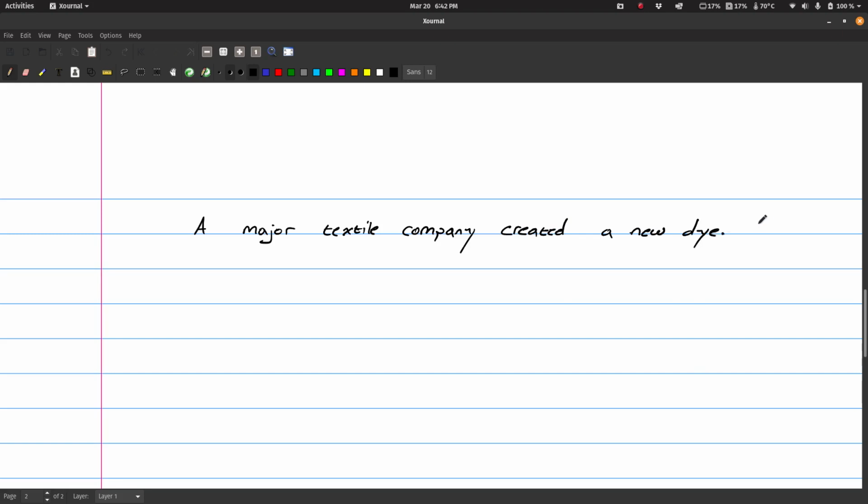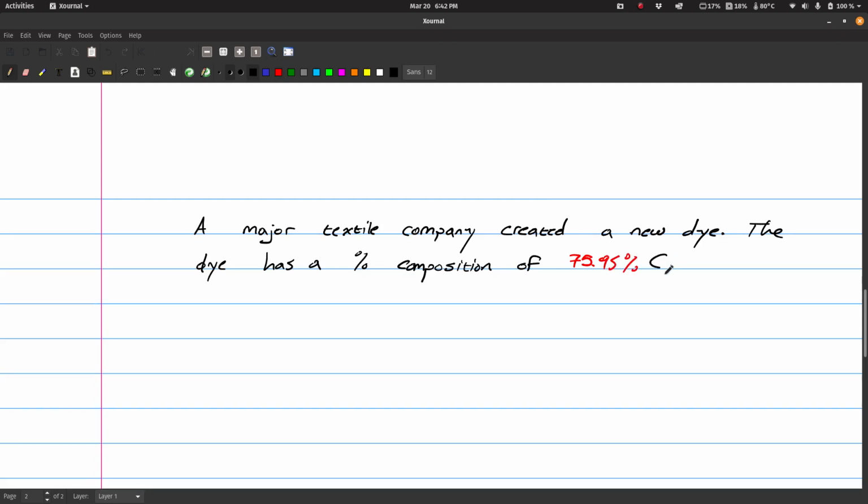The dye has a percent composition of, let's say it was 70. I'm going to color code all this again for at least this problem.